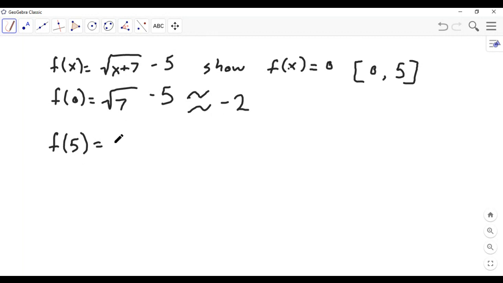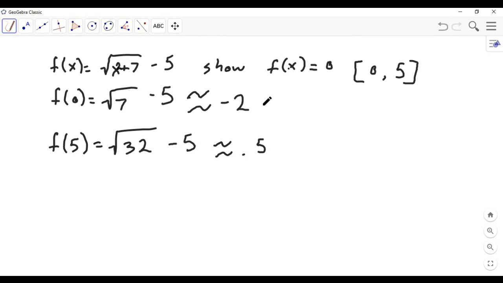let's see, I've read my example wrong. That should be x squared plus 7, in which case f of 0 is still about equal to negative 2. But then f of 5 is going to be the square root of 32 minus 5, and the square root of 32 is between 5 and 6. So we'll say that this is about equal to 0.5.